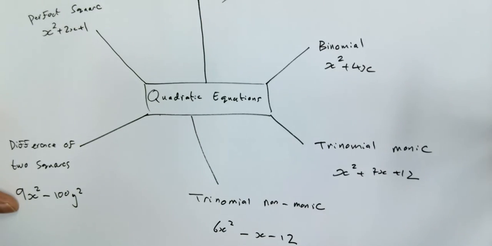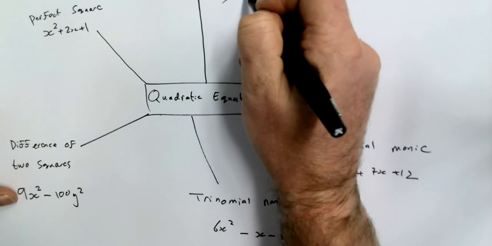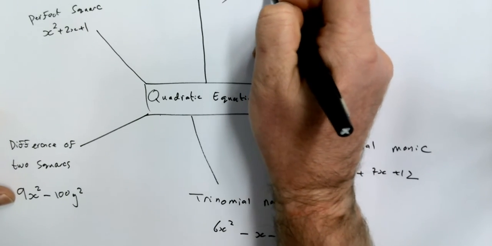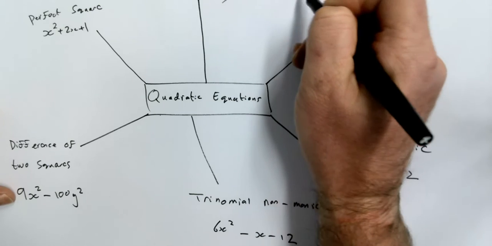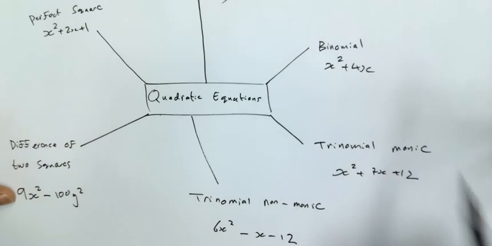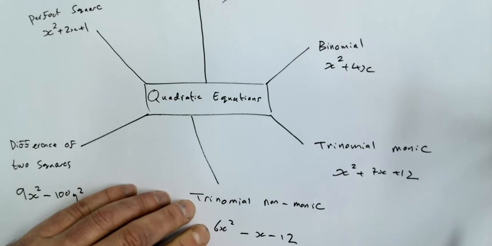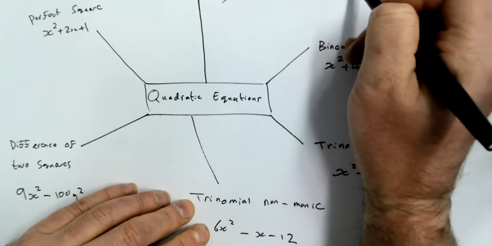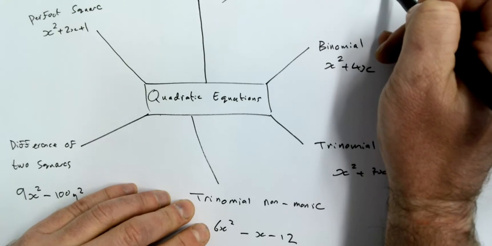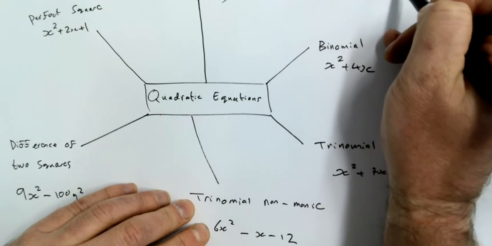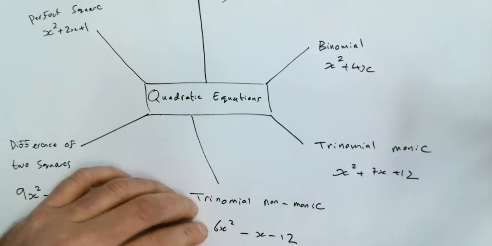There's other hidden ones. We could do 18x squared minus 200y squared, and let's throw in another one. Why not do negative 6x squared plus x plus 12.